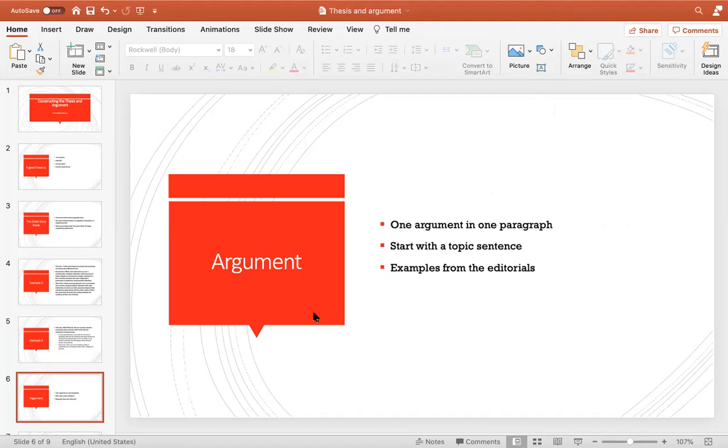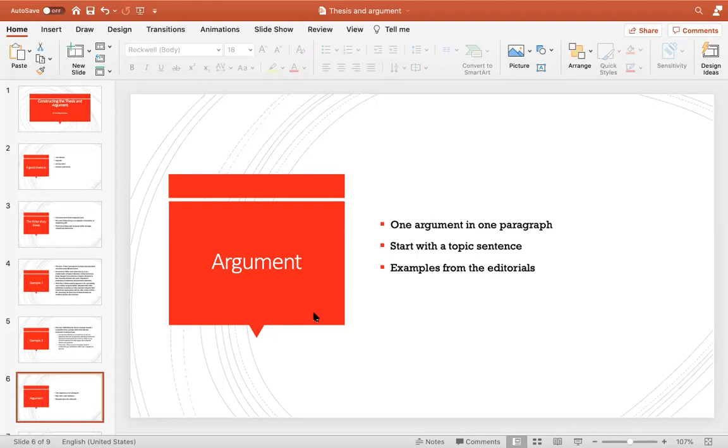Now, in the argument part, students, whatever position you take in your thesis statement on the top of your paper, you need to, of course, prove that with the help of arguments.